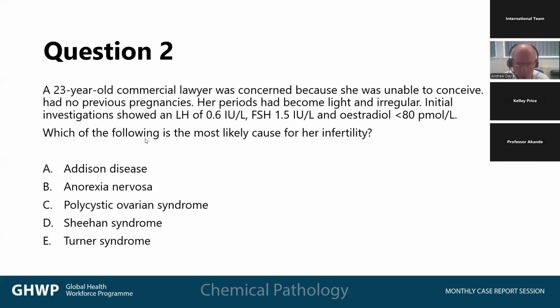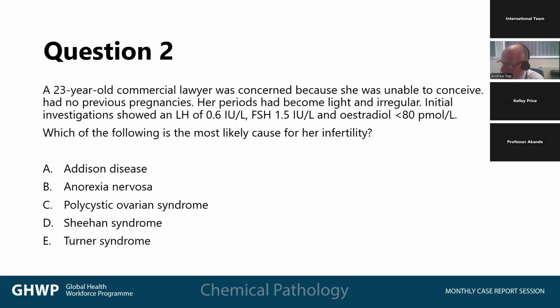We're moving on to question 2. Okay, so the context of question 2, you need to look at the question first of all. A 23-year-old commercial lawyer was concerned because she was unable to conceive. She had no previous pregnancies. Her periods had become light and irregular.